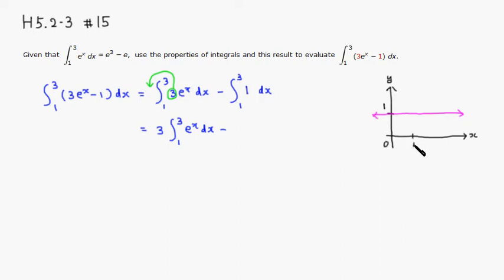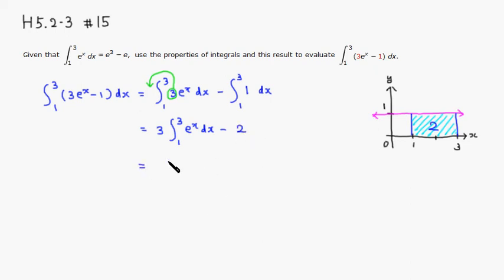So here's 1 and here's 3, and the region goes from here to there. That's a rectangular region, so the area is 2 times 1, which is 2. Therefore this represents the area of that region, which is 2.